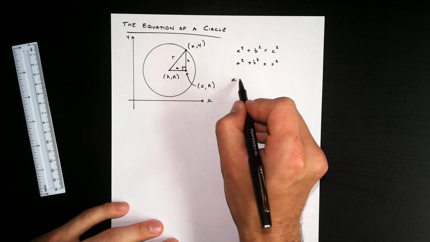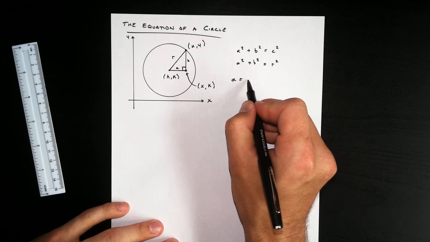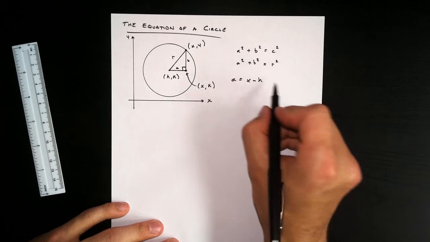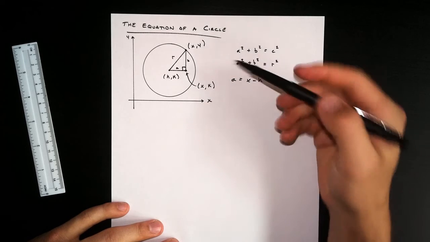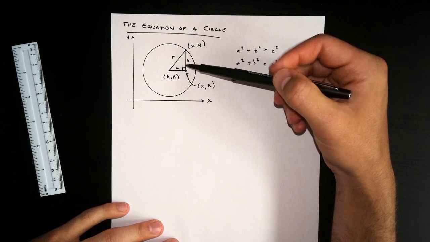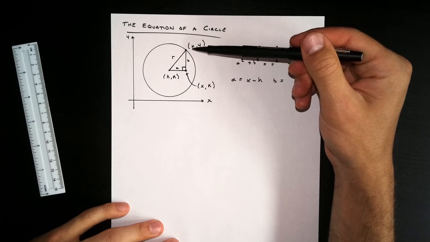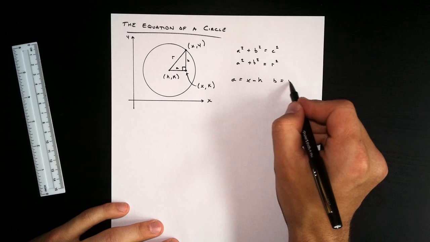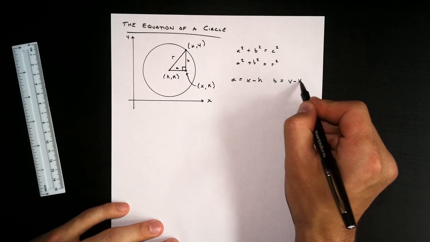So for a, that length is the same as x minus h. And then the same thing for b. Since this is a vertical segment, if I want to find the length of that, it is the difference of the two y values. So b is the same as y minus k.